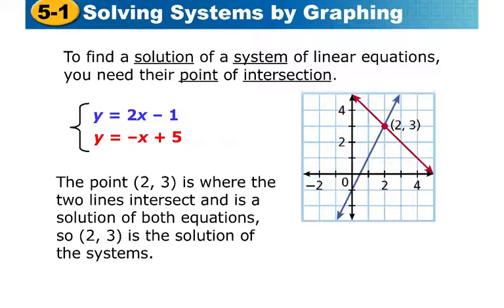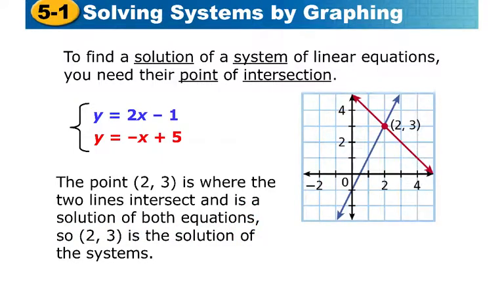So we write a system like this, so we get to practice our little squiggly brackets here. Then we have our first equation, and a lot of times I will do it in one color so I can graph it in that color. Then we have our second linear equation, and usually I graph it in whatever the other color is. So it looks like the point (2, 3) right here is where the two lines intersect, and it's the solution of both equations.